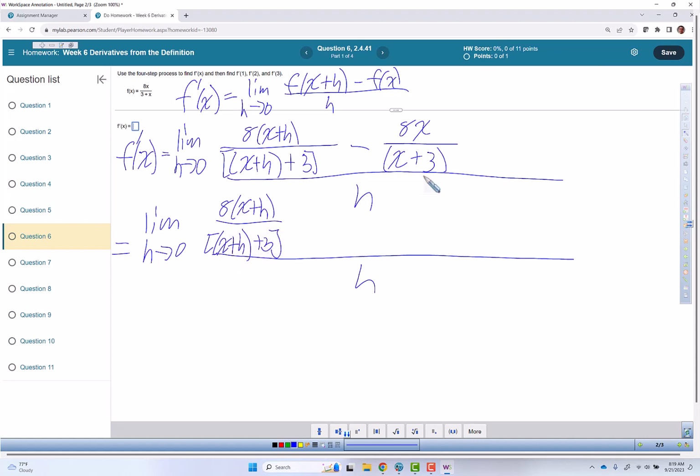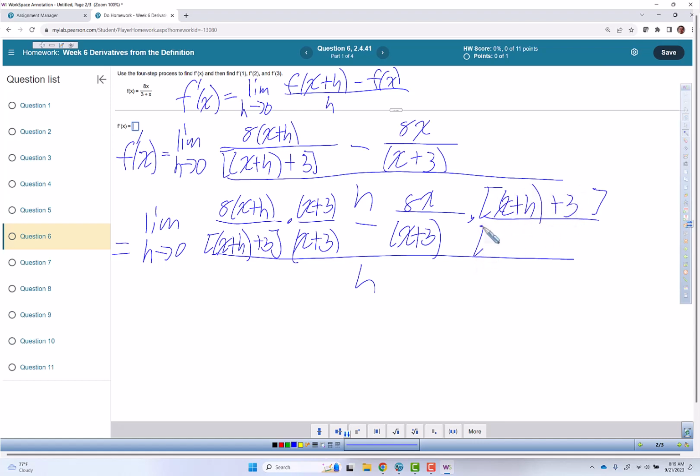And I'm going to get a common denominator here by multiplying by 1 in the form of x plus 3 over x plus 3. And then minus 8x over x plus 3. I'm going to get a common denominator over here by multiplying by x plus h plus 3 over x plus h plus 3, 1 in the form of this.